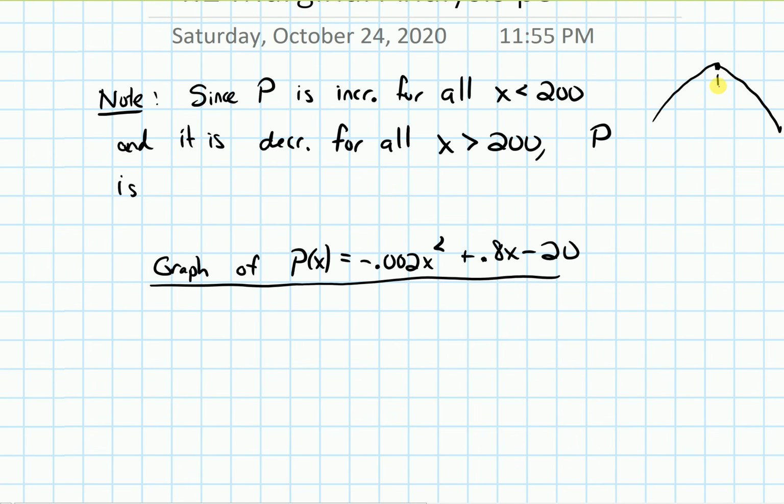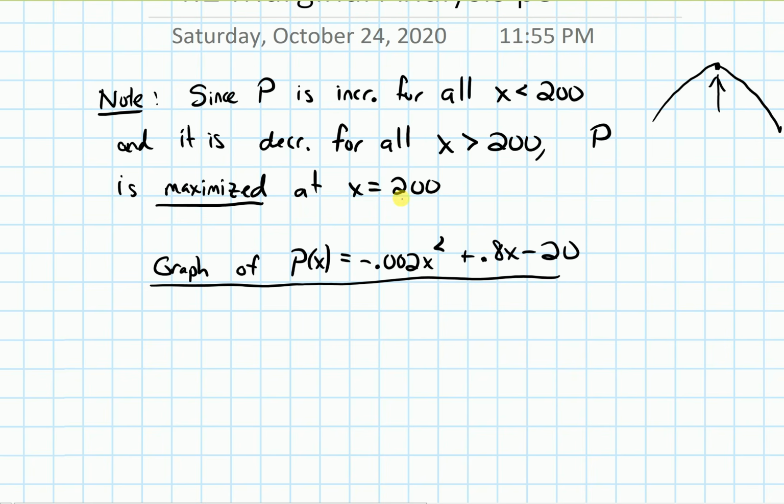That means at this point, where x equals 200, our function is maximized.